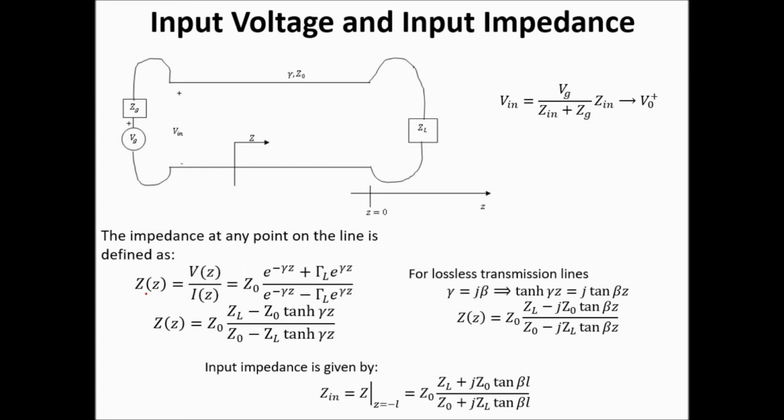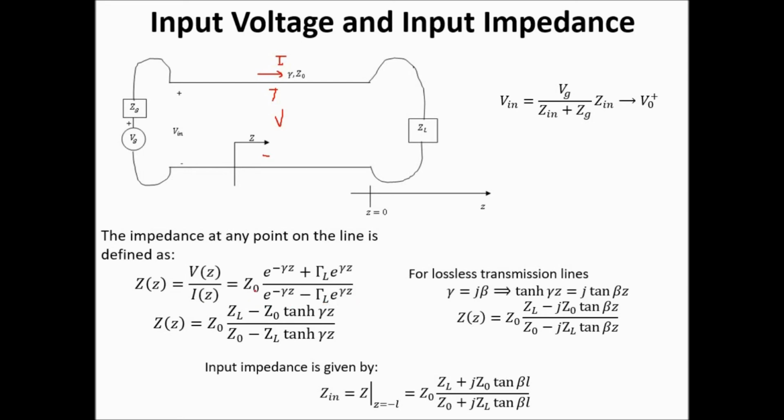Now, if you want to find the input voltage and input impedance, we take, let's say, a voltage V at this point and a current I at this point. So the impedance at this point will be V over I. V can be written as V0 plus e to the power gamma Z and gamma L e to the power gamma Z, and I is V0 over Z naught e to the power gamma Z and this.